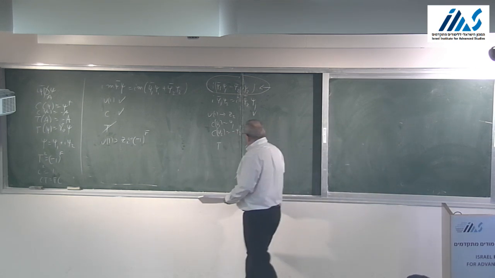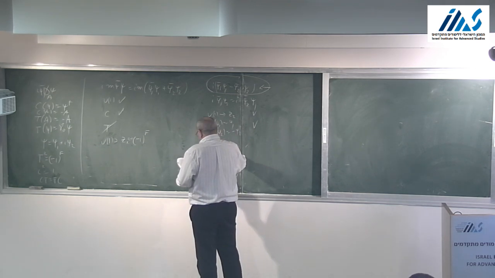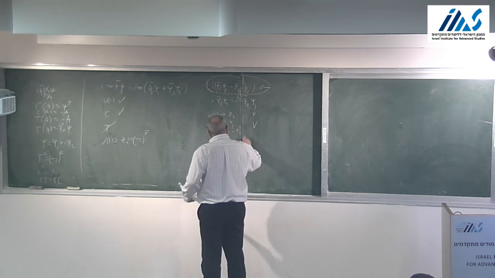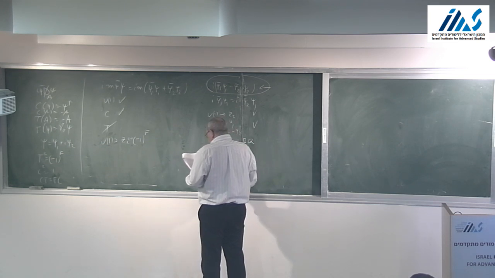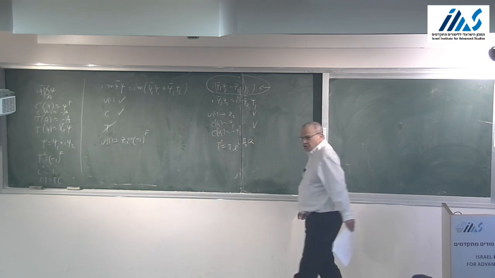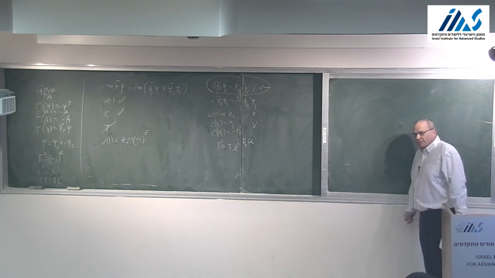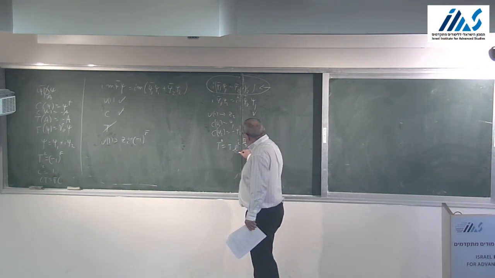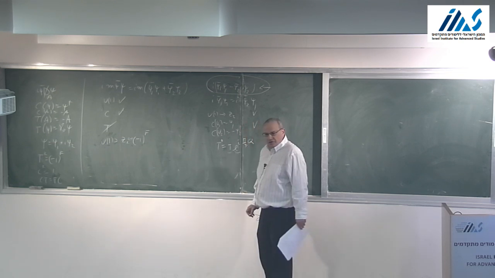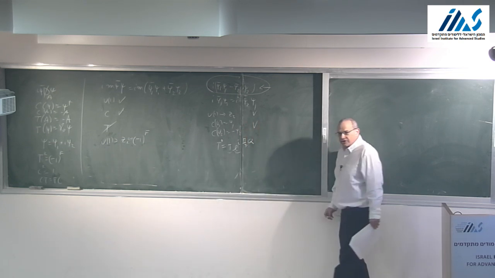So I claim that T prime, which is T e^{i pi Q/2}, is a symmetry. So that's an operation, first of all. It's anti-unitary because this is unitary and this is anti-unitary. So this is an anti-unitary transformation.